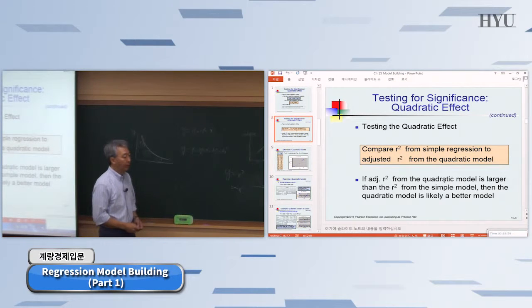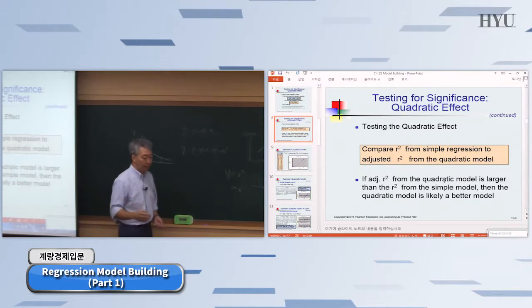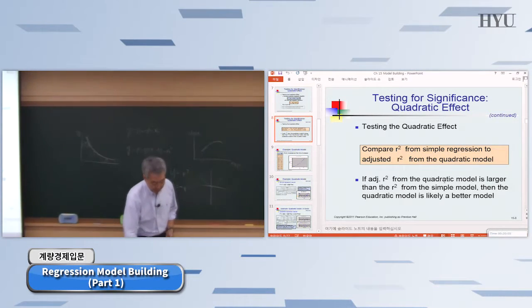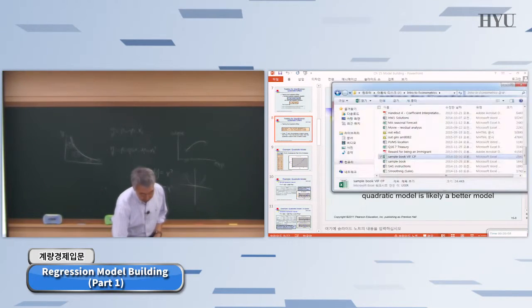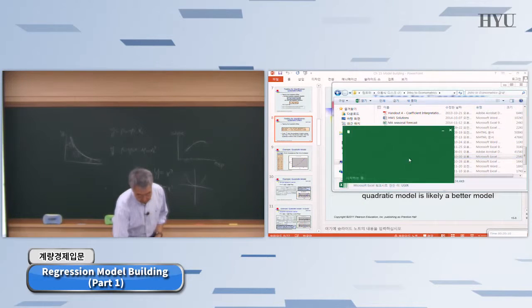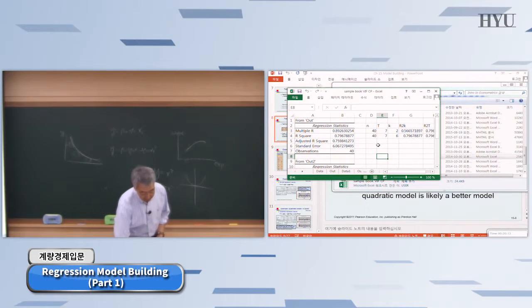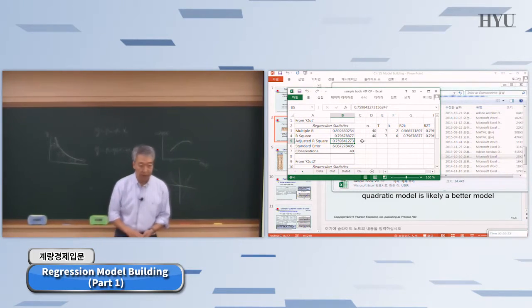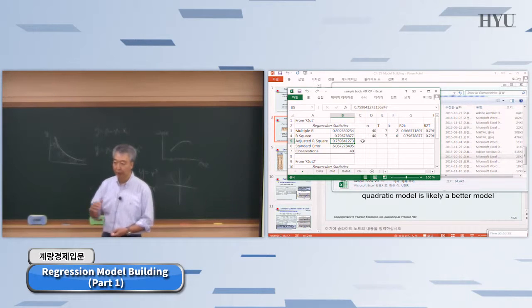Typically, when you calculate the adjusted R square, it is smaller than the regular R square. If you look at any computer printout, R square here is 0.796 and adjusted R square is 0.759. So typically, adjusted R square is smaller than the regular R square.